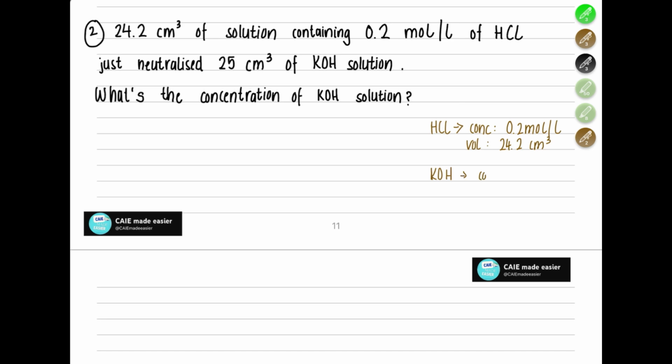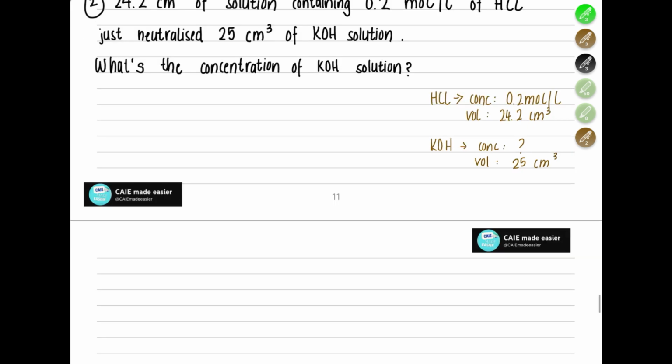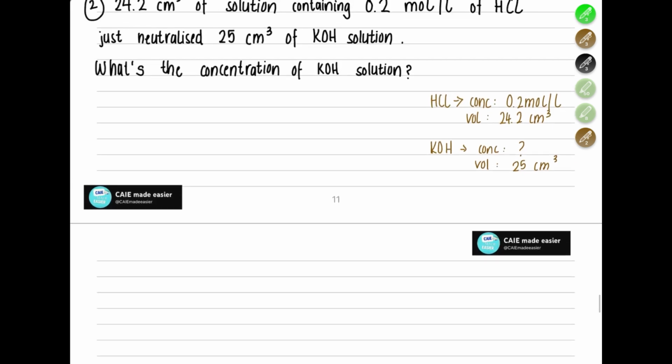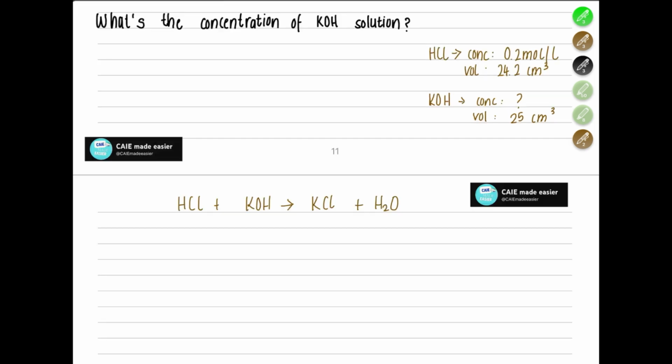The concentration is unknown, but the volume is 25 centimeter cube. First step is write down the equation of both of them, hydrochloric acid and potassium hydroxide. They react to give us potassium chloride, KCl plus water.